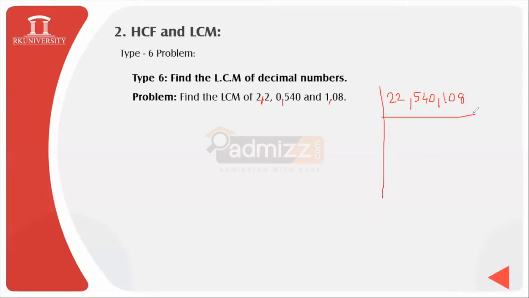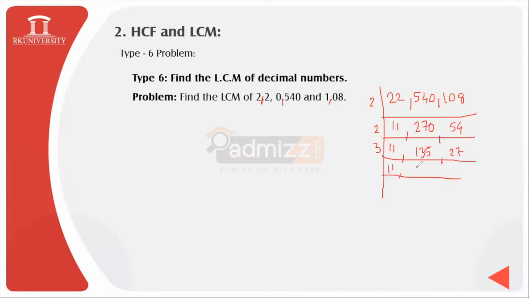So we need to find the LCM now. 2 into 11 is 22, 2 into 27 is 54, and 0 over here. 2 into 54 is 108, and this 11 goes as it is, then this 270, 135 and 27. Now I will switch over to 3, and 11 goes here.